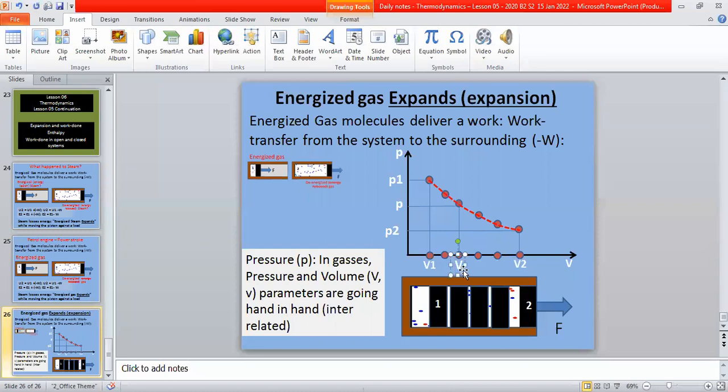So if you need temperatures, fine, you can have temperature as well here. Only PV is shown, but temperature is also here. You can consider it, but only the P and V is shown here.